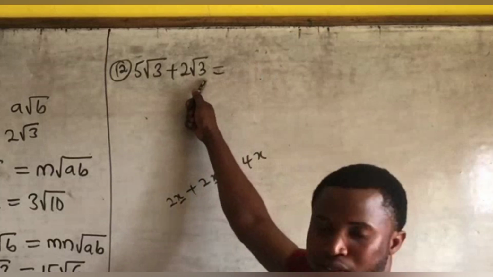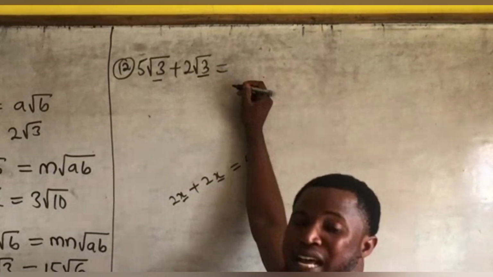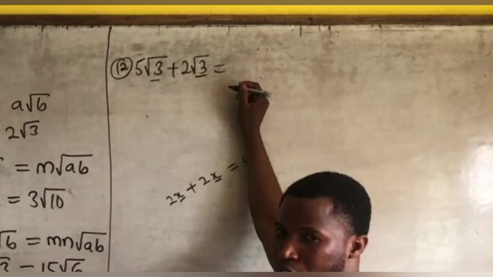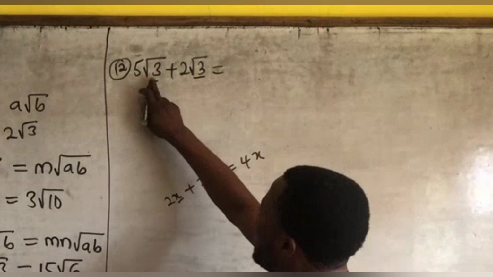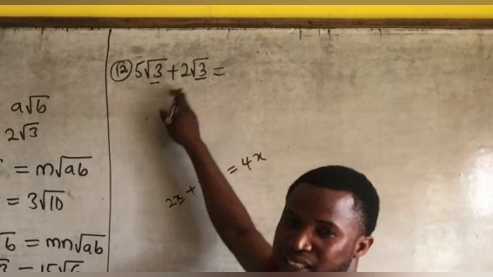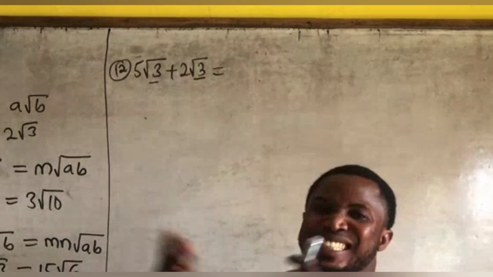What do you see here? Just that these are the same roots. That's addition, please, not multiplication. So whenever we are adding, we need to be conscious of these roots if they are the same. If they are the same, then we can add it.